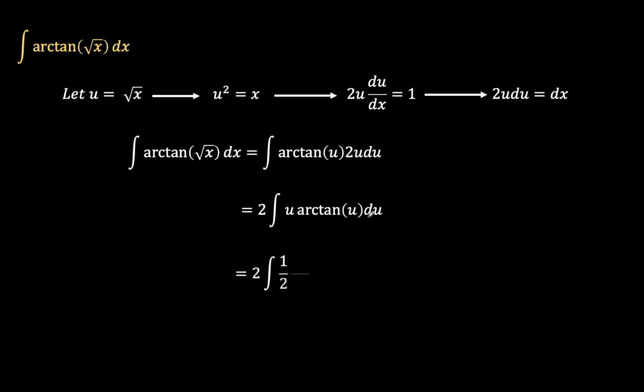Now we can also express u as the derivative of u squared times a half, and then times arctangent of u. Now we can use integration by parts, where if you have the integral of u dv, the result is uv minus the integral of v du, right?